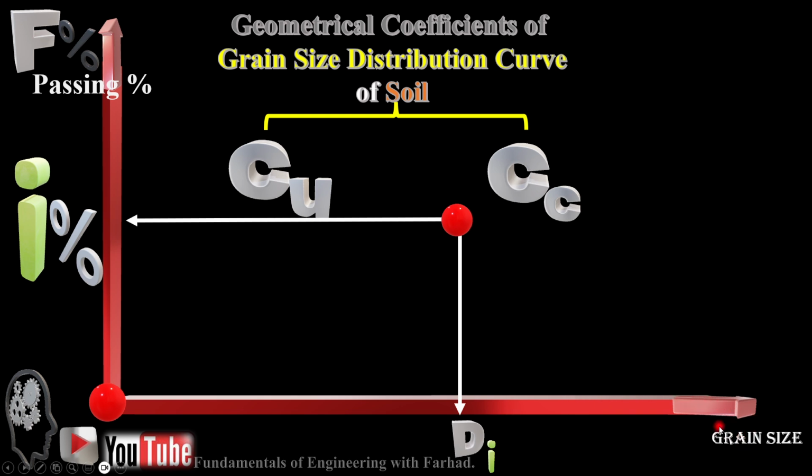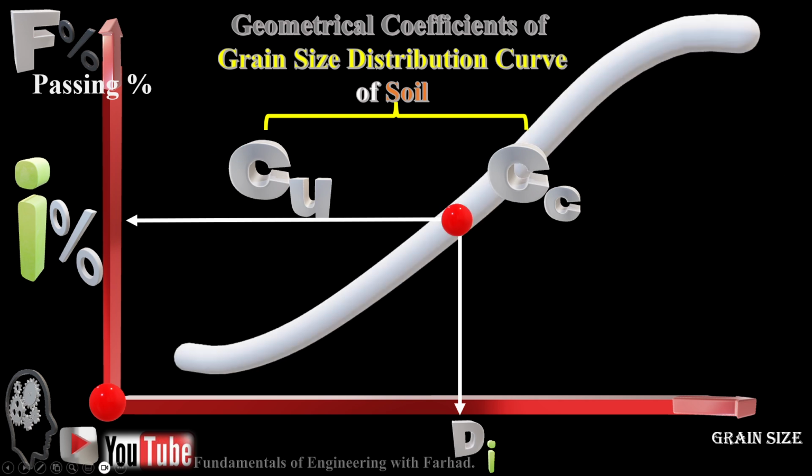In our chart, the horizontal axis is the grain size and the vertical one is the passing rate of that soil from the sieve. D sub I, or DI, stands for the diameter of a soil sample at which I% of it passes through the sieve size.